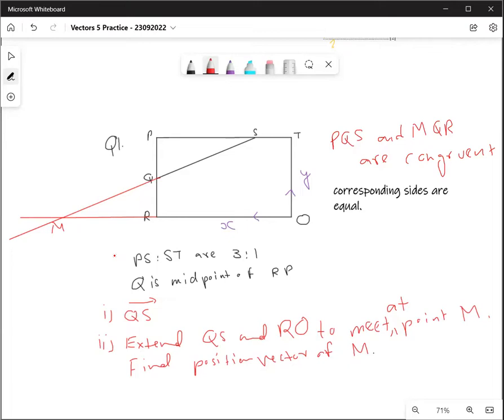First, tell me, Anas, what is the answer for QS? I'm still doing it right now. QS is y by 2 minus 3 by 4x. So do we do QP plus PS?